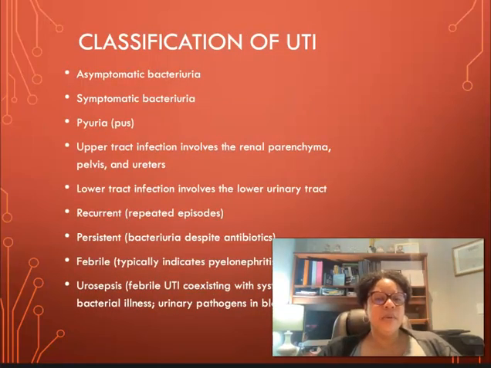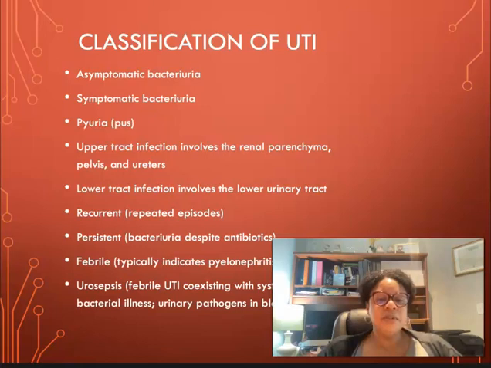All right, so classification. We've got asymptomatic versus symptomatic. Symptomatic is having that fever, having changes in urine. Pyuria speaks to pus in the urine. I was going to say if you're spilling protein, it's going to be frothy, but we'll talk about that in a second.